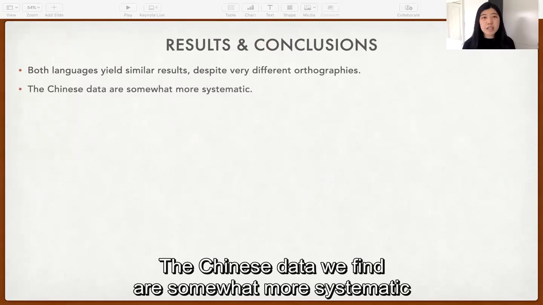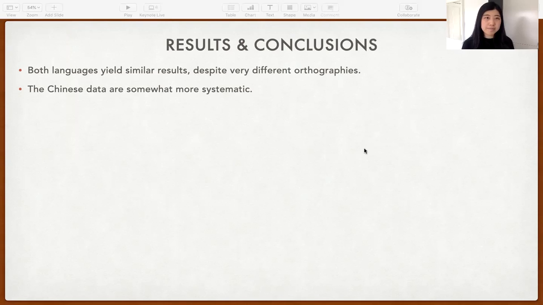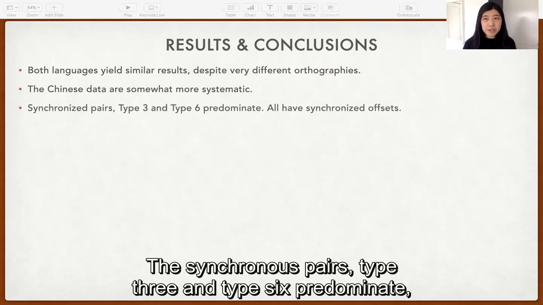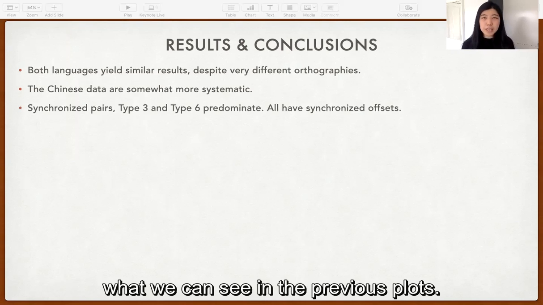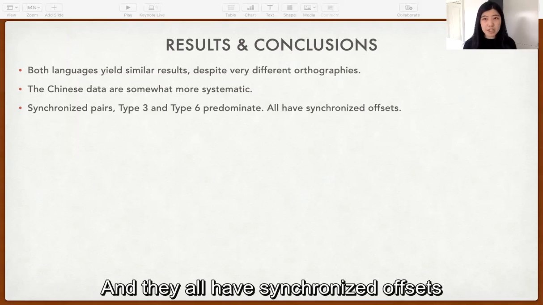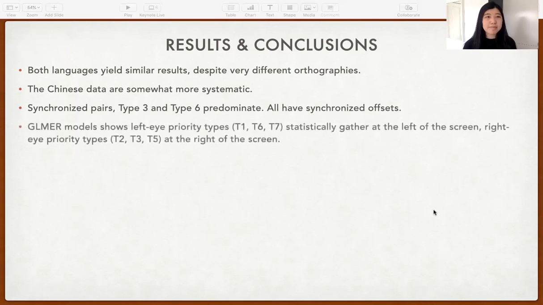And the Chinese data we find are somewhat more systematic compared to the English data. The synchronized types, type 3 and type 6, are predominant, just like what we saw in the previous plot, and they all have synchronized offsets at the end of the fixation.